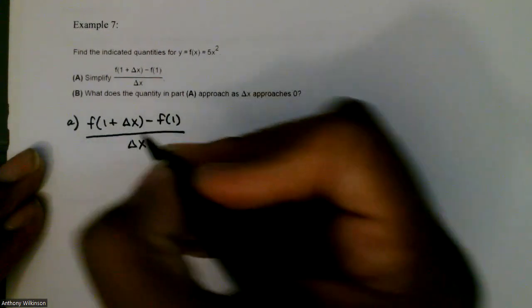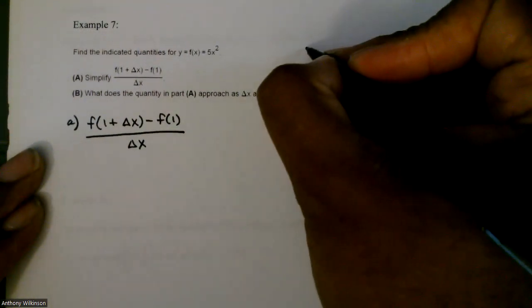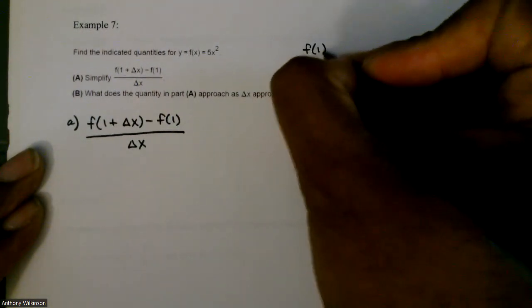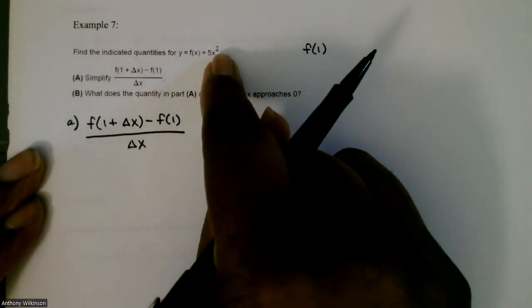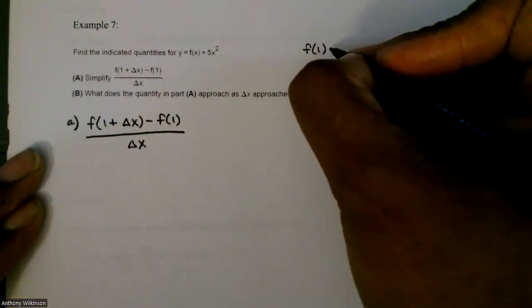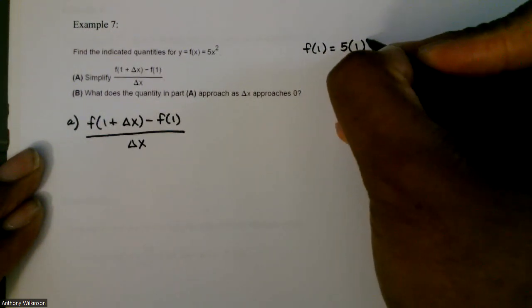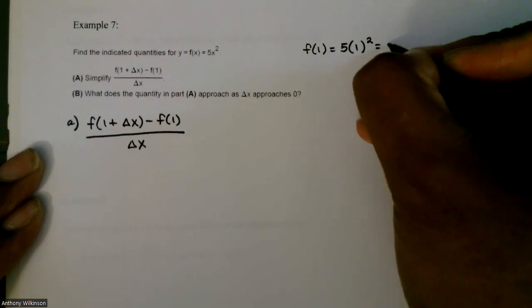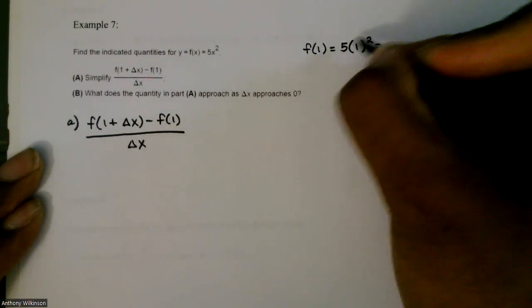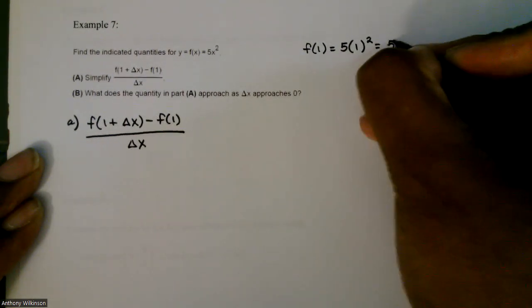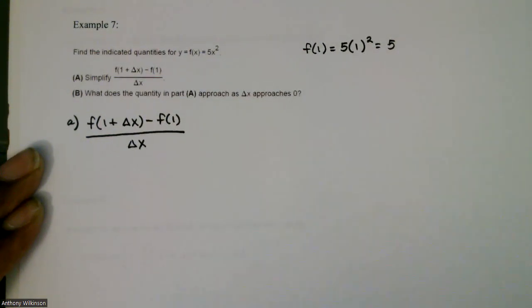All right, first of all, let's find out what f of 1 is using f of x equal to 5x squared. Well, f of 1, we just replace the x in that function with 1. So it'll be 5 times 1 squared. Well, 1 squared will be 1, times the 5 in front will be 5.